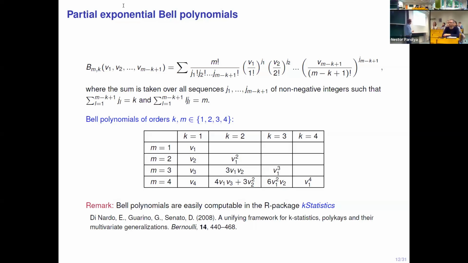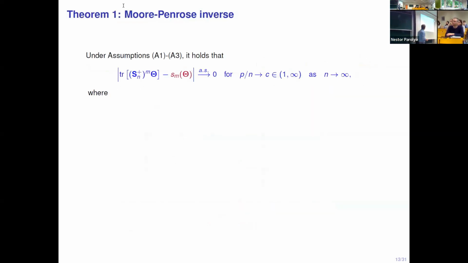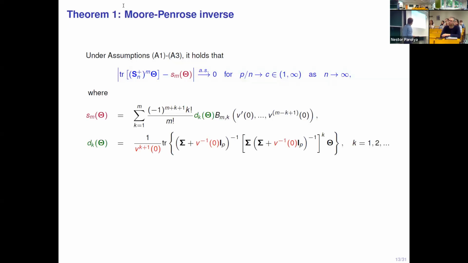Here are just a few examples of how the polynomials look with different values of m and k, just for you to have the idea. But it doesn't matter so much, you can compute for any k. Right? Now, if I take the Moore-Penrose inverse, assuming A1, A2, A3 are true, then we can show that the weighted tracial moment of the Moore-Penrose inverse behaves asymptotically exactly the same as a specific S_m of theta, a deterministic sequence, which looks like that.